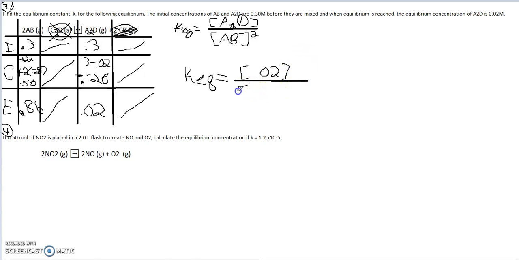And then on the bottom, we have our AB concentration, which we just figured out was 0.86. So we have our 0.86, raised to the power of 2. And then we can go ahead and do that math. And once we figure that out, the answer turns out to be 0.027.